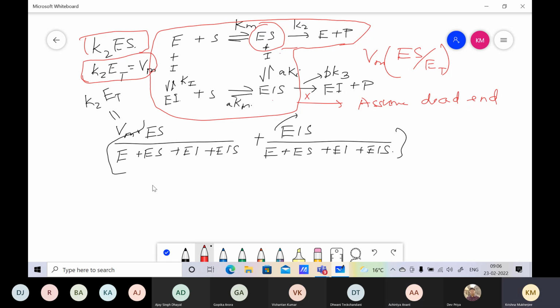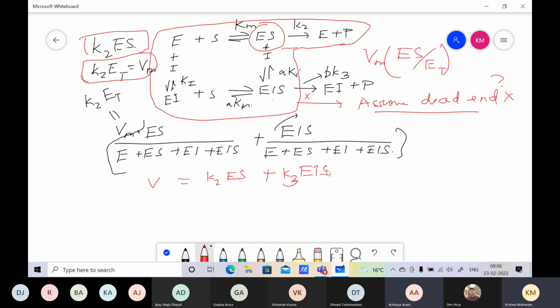But I could well have a reaction rate V equal to K2 into ES plus K3 into EIS. If K3 is not 0, if this assumption is not valid, this is a question. So I should put K3 into EIS, and later on I can simply put K3 equal to 0 if indeed this is a dead-end complex. That's the most generalized formulation that I can think of.